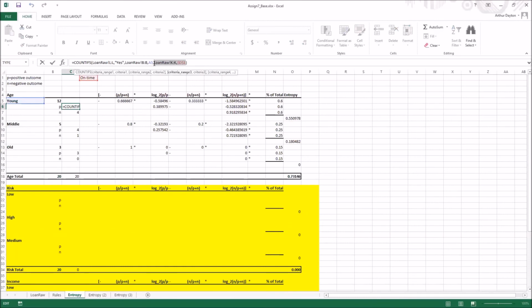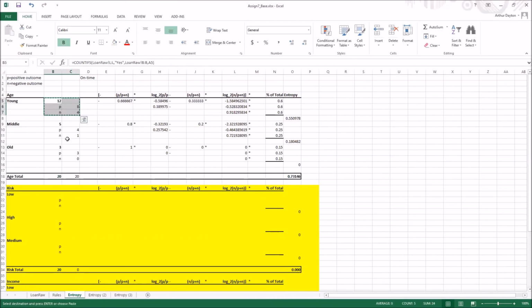And then for the negative outcome, we just count the opposite, where we do not have on time. That gives us 8 positive outcomes, 4 negative outcomes. We can then take these formulas and copy them down, because they have relative cell references. We will perform the same calculations for the middle age category and the old age category.